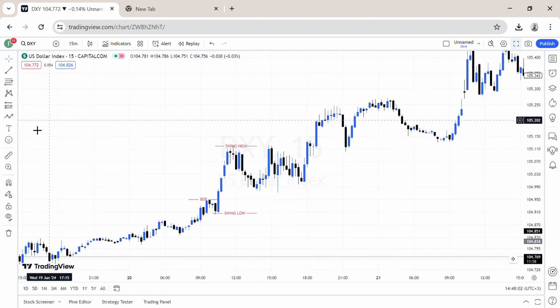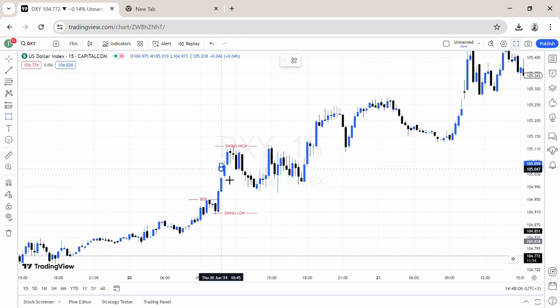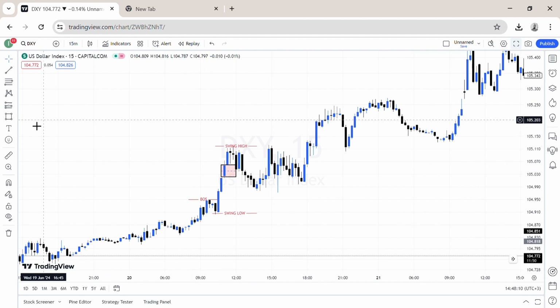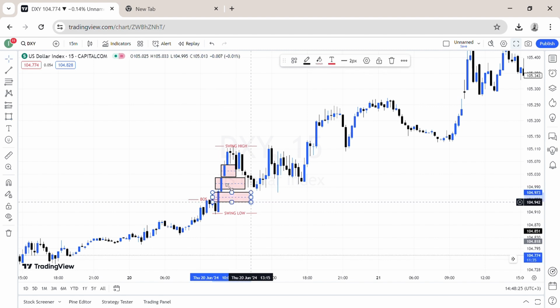Exactly like I said, there is a fair value gap right here. There is another fair value gap right there. And there is another fair value gap right there.